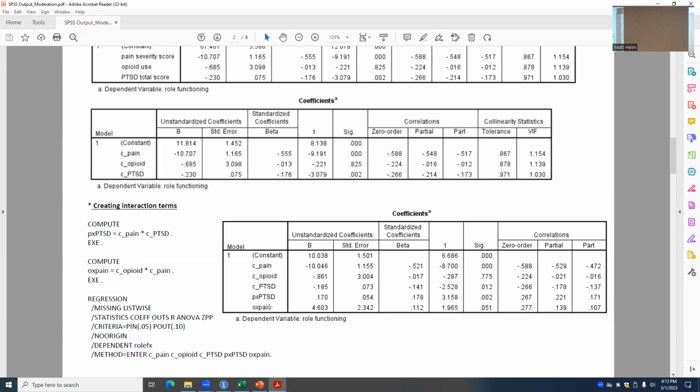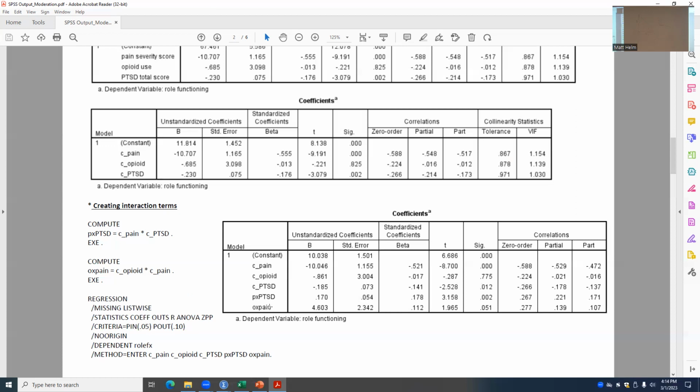So I need to go through where I have pain. I need low pain, high pain here. Pain is involved in this interaction, so I need a low pain, high pain interaction here. Pain's here, I need a low pain, high pain interaction here. I don't care about this interaction, but I need to make sure of it, because otherwise I've got an interaction term working with a different variable than the other stuff, and that'll fool with things.